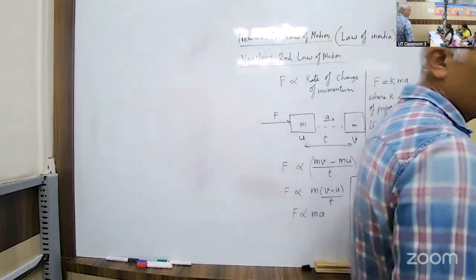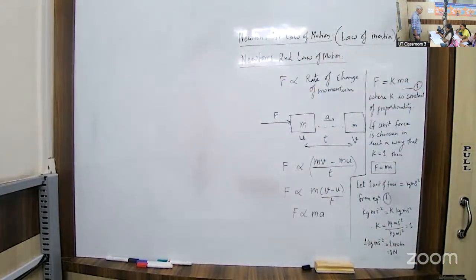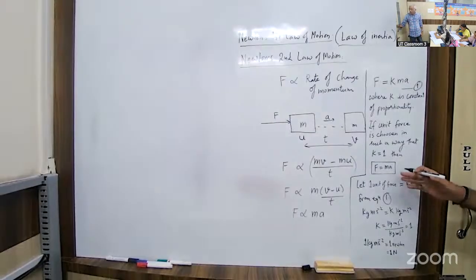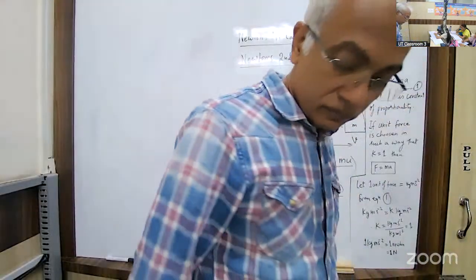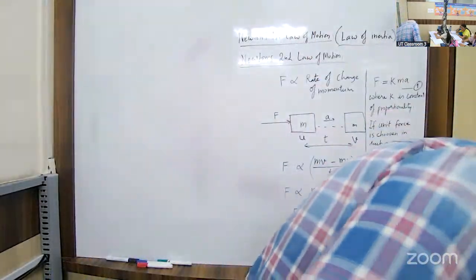So when I choose the unit of force as Newton, that is when the value of k becomes 1, because I know what the unit of mass and the unit of acceleration are. Clear? So this is nothing but the mathematical derivation of Newton's second law.